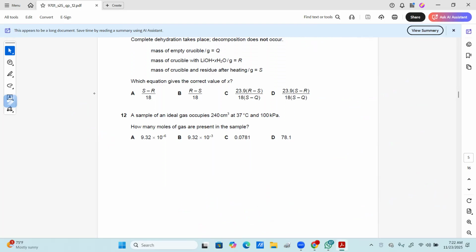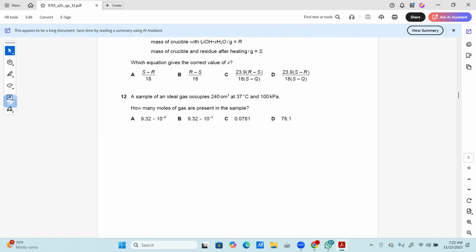A sample of an ideal gas occupies how many moles? So we can easily apply PV equals nRT. Our pressure is 100 kilopascal. We need to convert into pascal. Volume units is in cubic meter. Therefore, we need to multiply by 10 to the power minus 6.